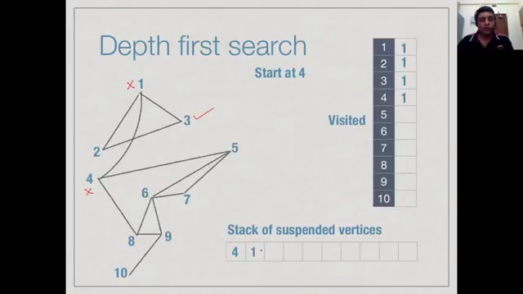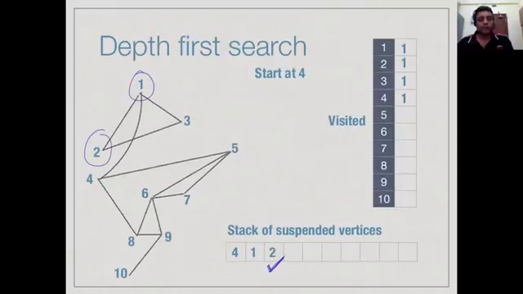So now we must go back and restore the next vertex on the stack which was left undone. That was 1. So now we go back to 1, and we find that from 1 we had already visited 2. 3, which we had not visited from 1, was visited via 2, so it's already marked. And 4 is where we came from to 1, so this is done. So 1 is also useless.